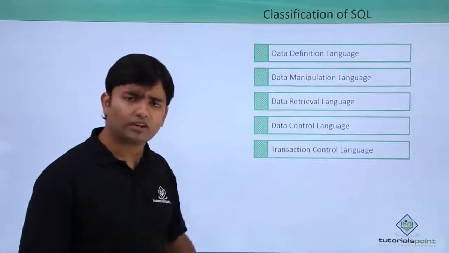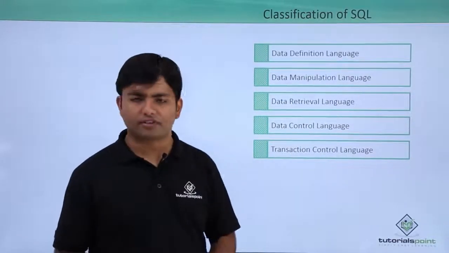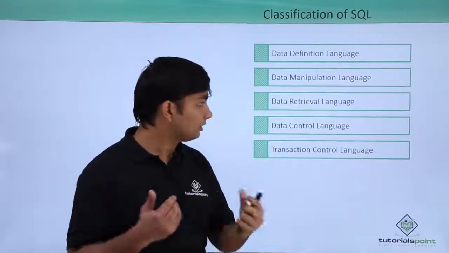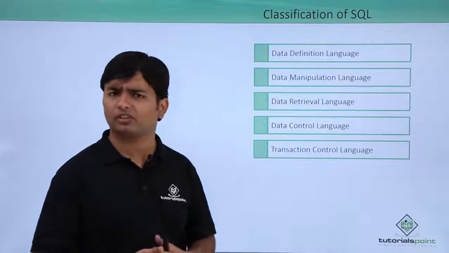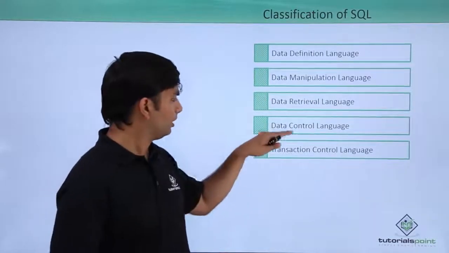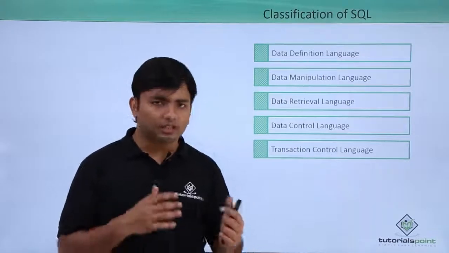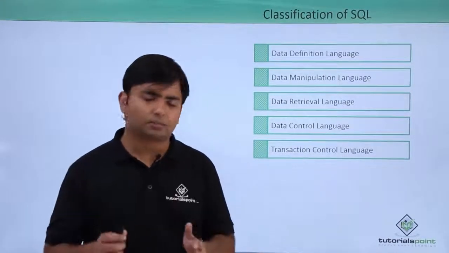Now once we have the data, we can start retrieving that. So that part will be dealt with the data retrieval language or data query language, maybe in some databases. Data control language. This data control language actually deals with the accessibility.